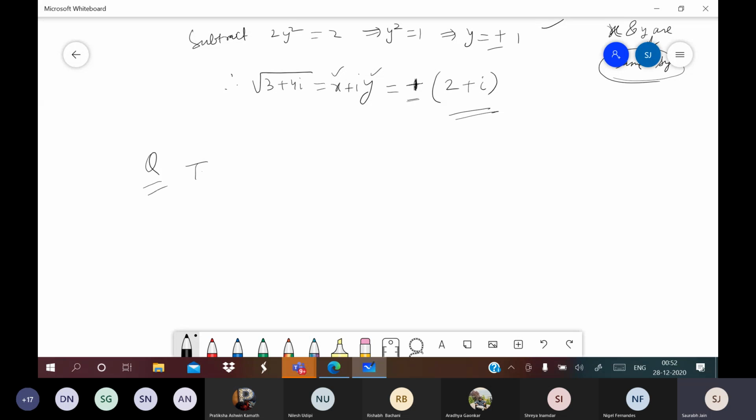There is this true or false type of question, and I just want to know what your opinion is about this. The question is: is 6 plus 2 iota greater than 5 plus iota? I want to know your answer and what you are thinking, why you are saying so, what is the reason. True or false?